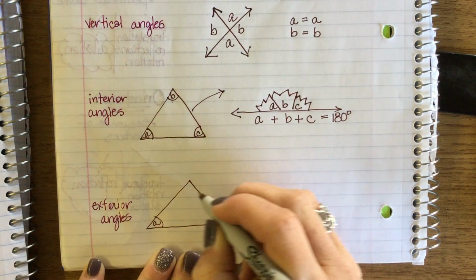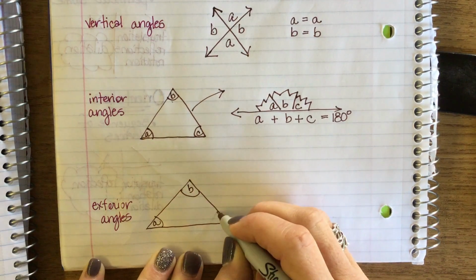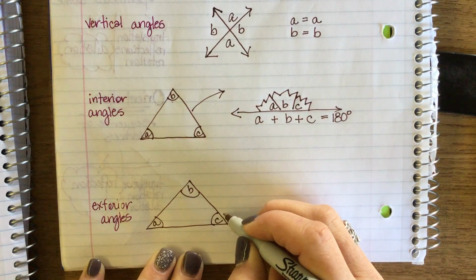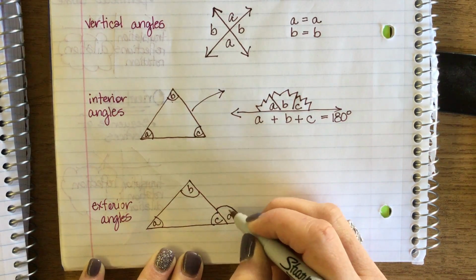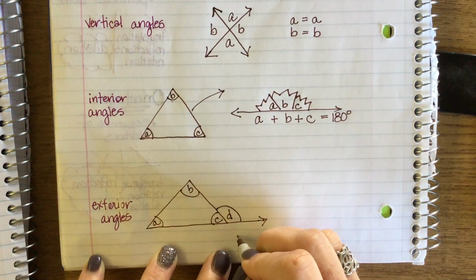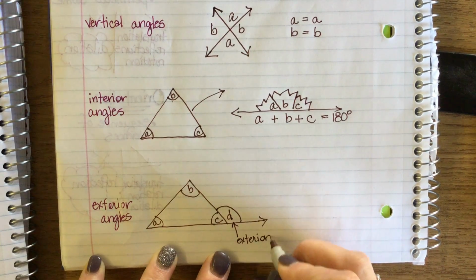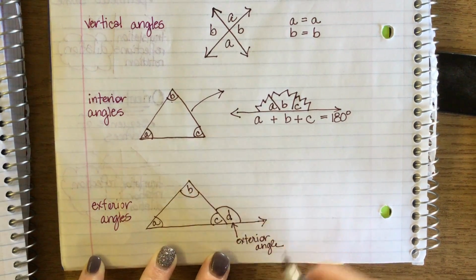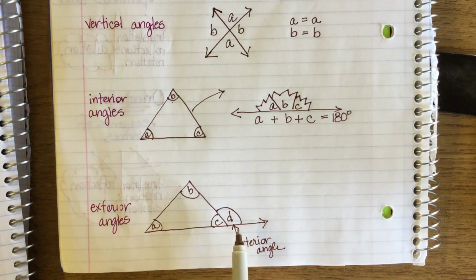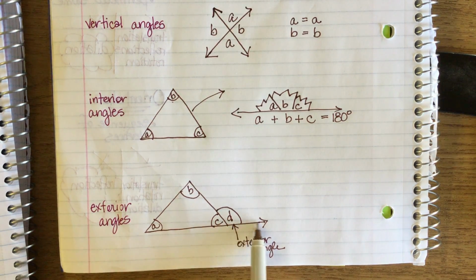we have A, we have B, and we have C. Then we actually add another one, and it's called D. And this is our exterior angle. Now let me ask you this. If we know that they're on a line, right? So these two angles must add up to 180.